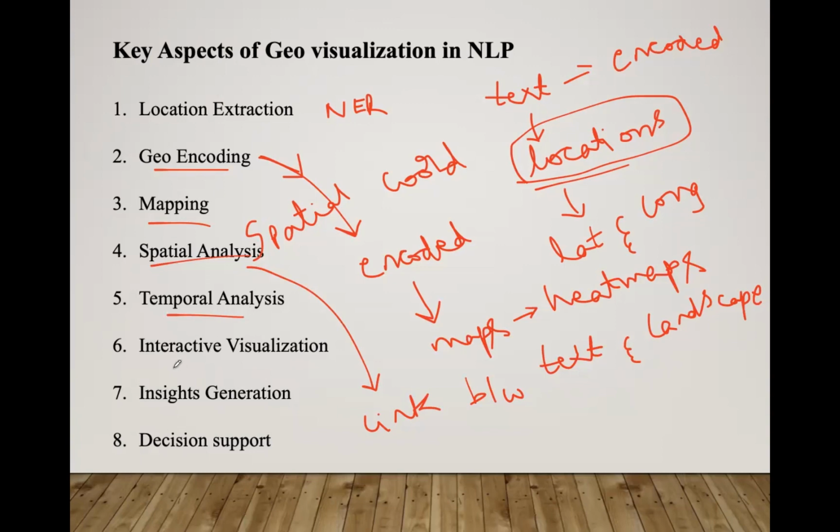Then we have interactive visualization. These geo-visualization tools enable users to interact with the textual material in a spatial environment. Users can zoom in and zoom out or filter data depending on criteria. They can even click on map markers to view additional information or associated text excerpts.